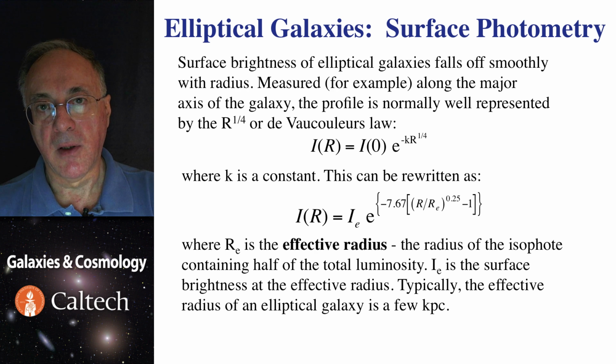If you tweak the constant multiplying that power law, that radius can be made so that it contains exactly 1/2 of all projected light. So it's sometimes called an effective radius or a half-light radius. And typically, for elliptical galaxies, its value is of the order of a few kiloparsecs, not too different from, say, typical scaling lengths of spiral galaxy disks.